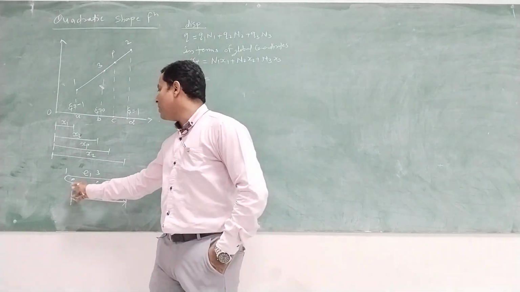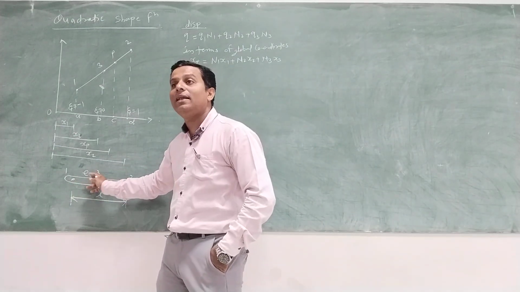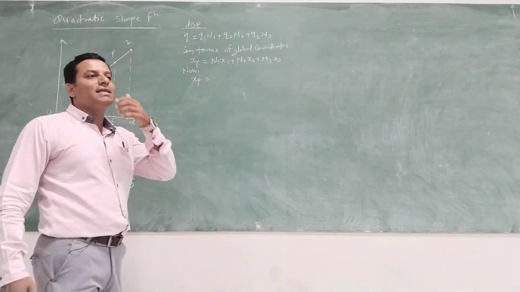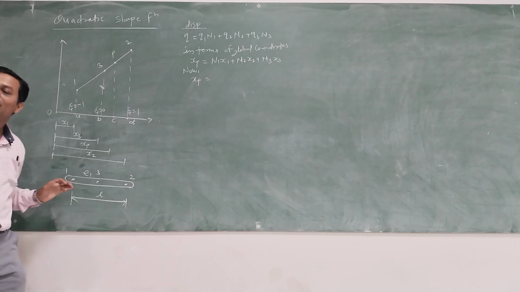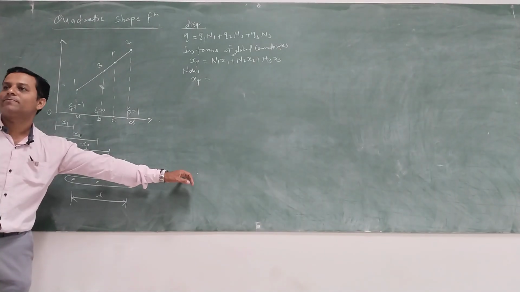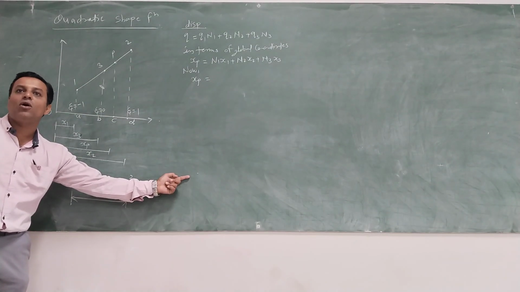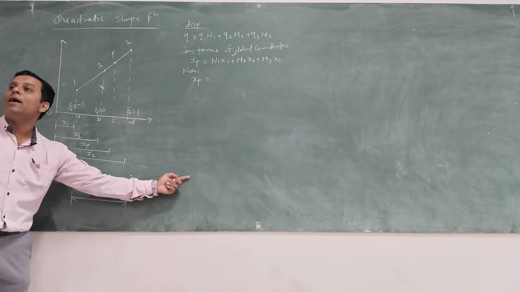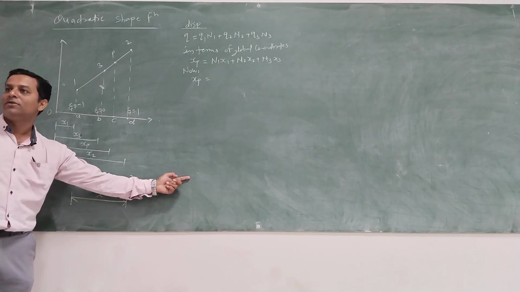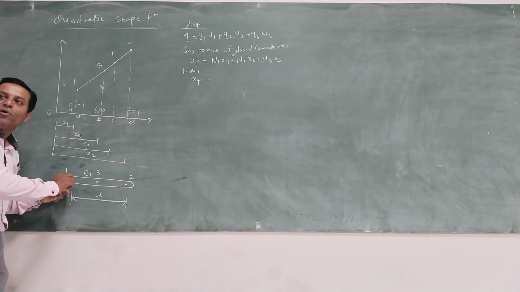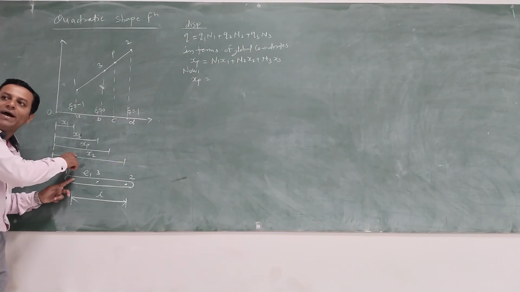But when you select 3 nodes on a single element, it will become the quadratic shape function. Now for this quadratic shape function, suppose I apply the forces, then each node is going to displace. Displacement will be along the axis of the nodes, but I am going to show it in the y direction for better representation. So the displacement of the node will be in the x direction, but for representation I am going to show it in the y direction.